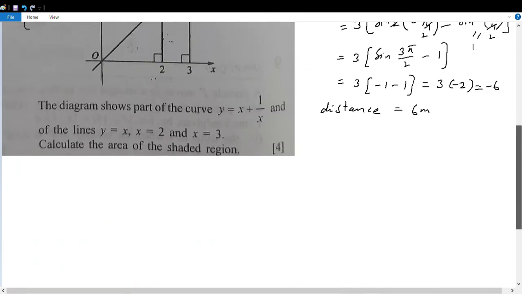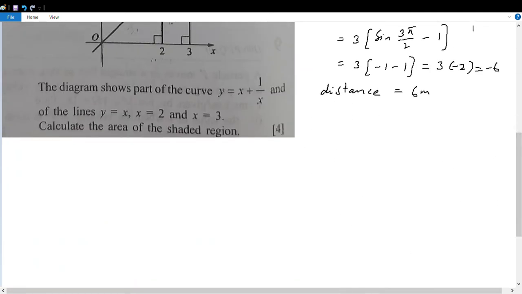So as you know, we have v is equal to 6 cos 2t. When we take the derivative of v with respect to t, we will get acceleration.